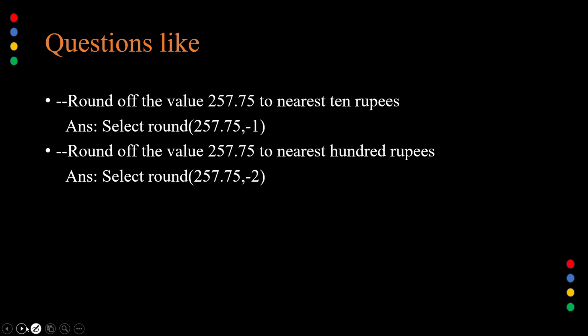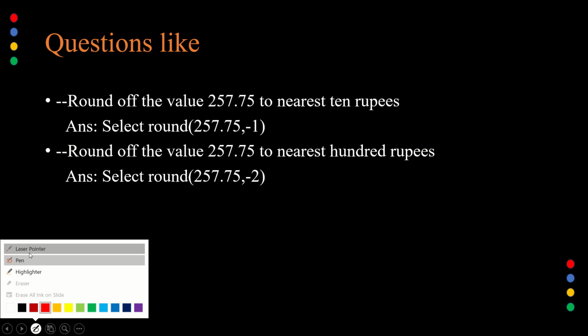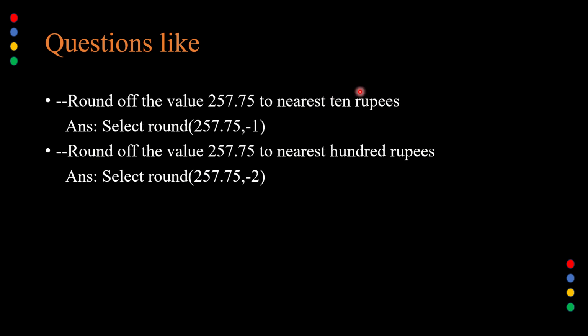Next and final kind of question you can expect from round off portions: a question comes like round off the value 257.75 to the nearest 10 rupees. The question will be to write the SQL query for this statement.